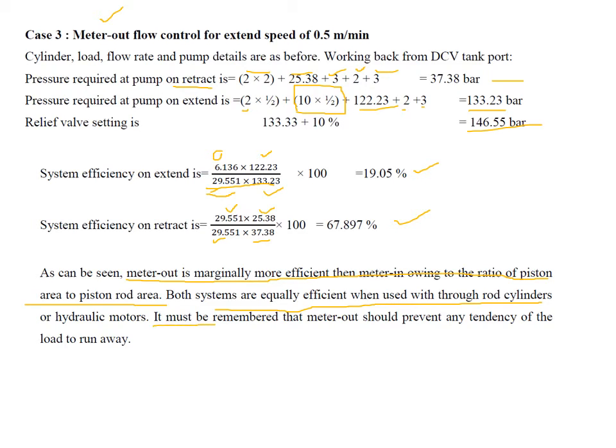It must be remembered that meter out should prevent any tendency of the load to run away. This is the additional advantage of using a meter out circuit, that it will restrict the tendency to run away for the load.